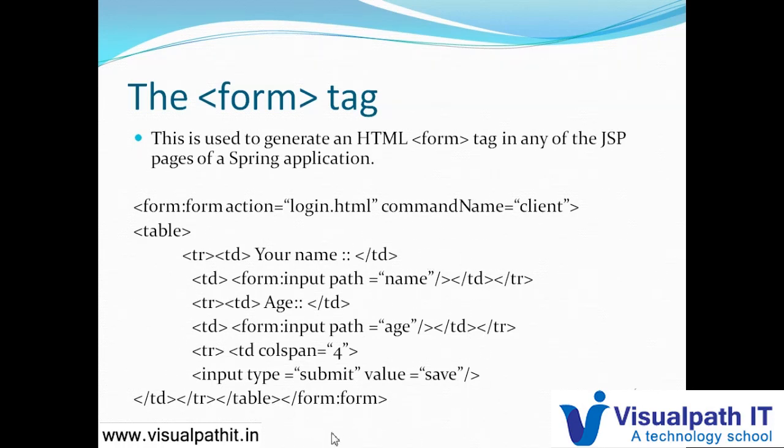In other words, it looks like the login page of Gmail or any bank login. Similar to that, we are entering the username and the age. Usually we'll have username and password, but here this is for our understanding. So for up to 4 columns it will take, and saving the value.